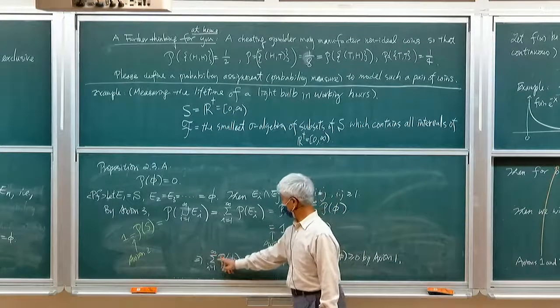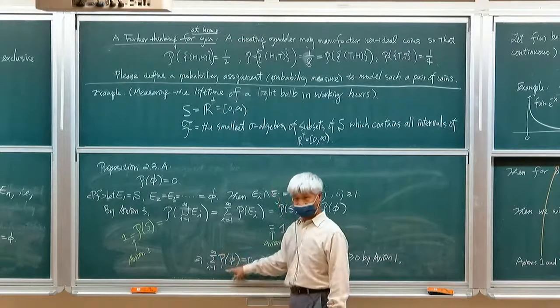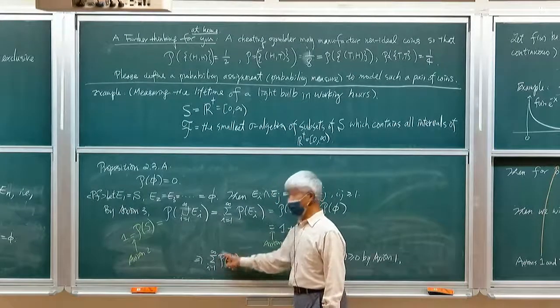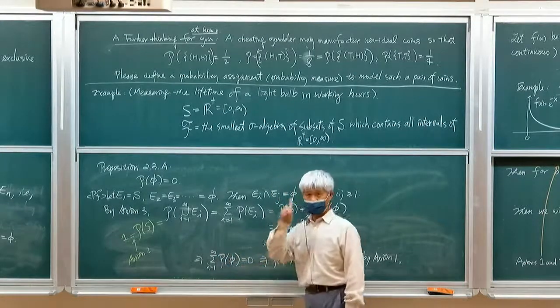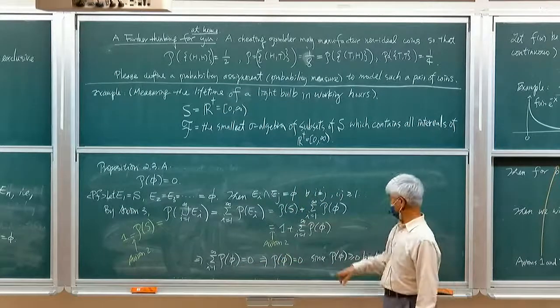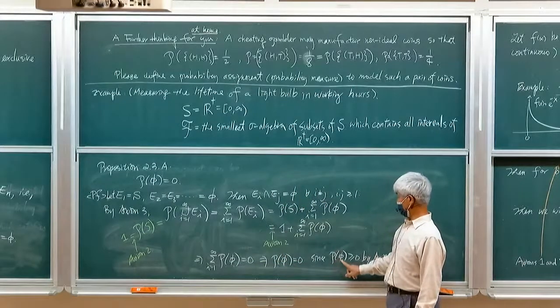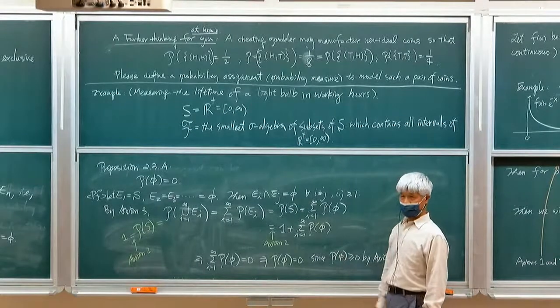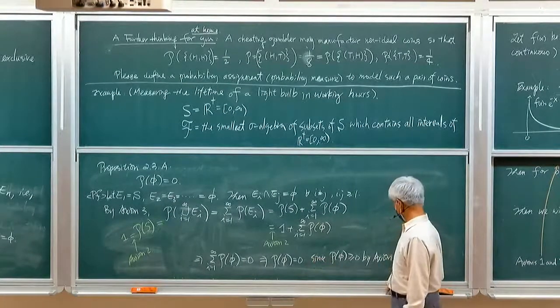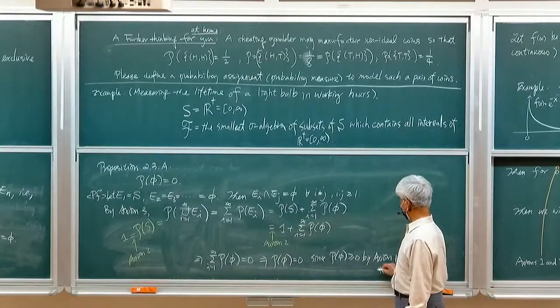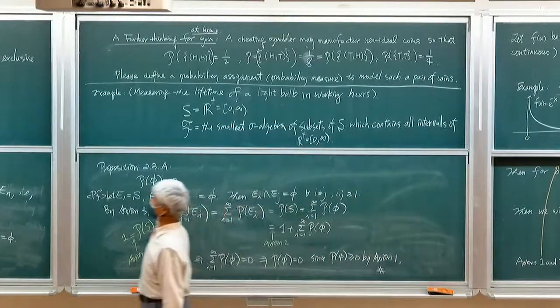And so when you sum over infinitely many copies of this number to be 0, the only possibility is that the probability of the empty set is 0. Okay, so that is the end of the proof.